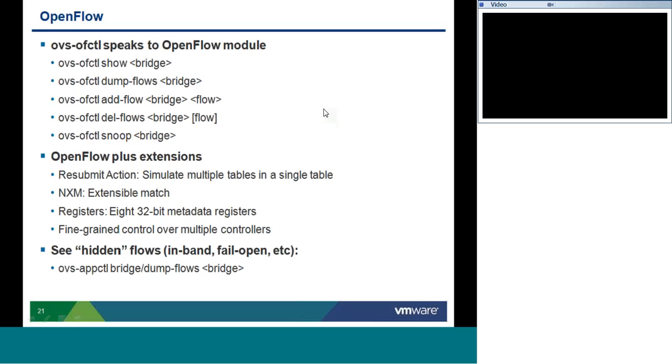So they could receive notifications when flows get added and deleted, or maybe they only want to see when a port gets added or deleted. And so they're able to control how much information they see, but we don't have any way of locking down saying that only this controller is allowed to set it, and this controller can read it or something like that. So it's more kind of cooperative fine-grained control.